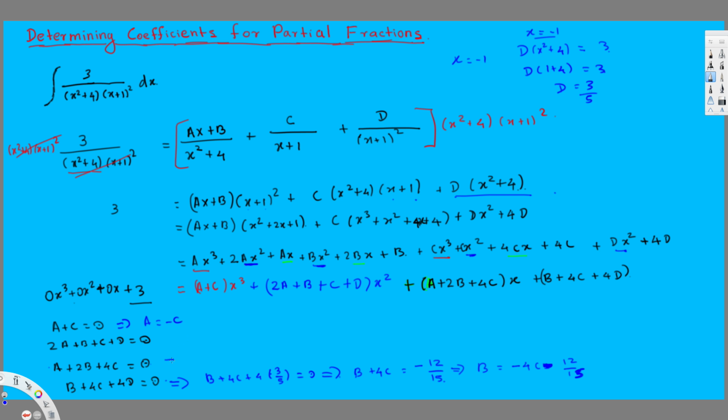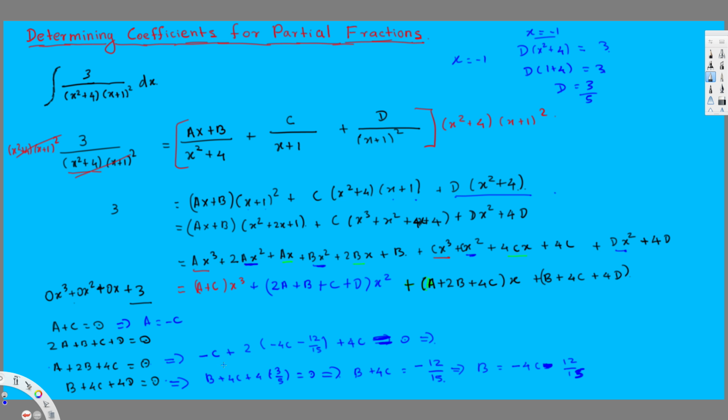So let's rewrite this equation as minus c plus, instead of b I am plugging this value, so this is going to be 2 times minus 4c minus 12 over 15, plus 4c, right? So plus 4c minus c, this whole thing is equal to 0.